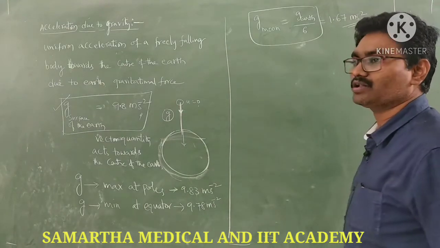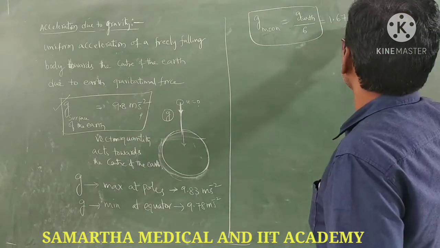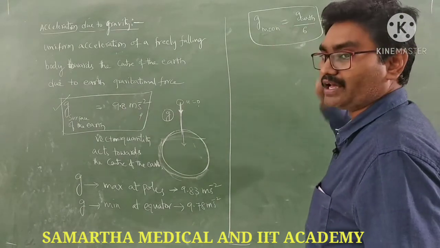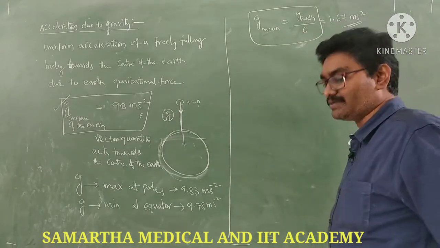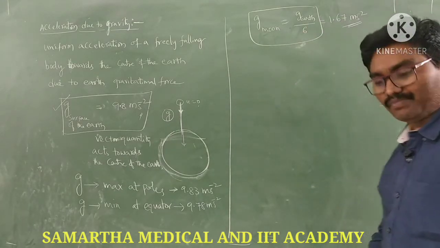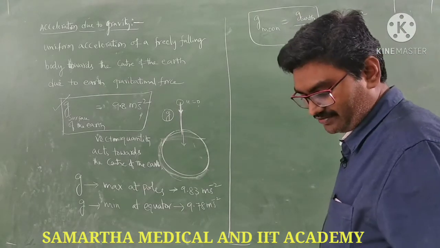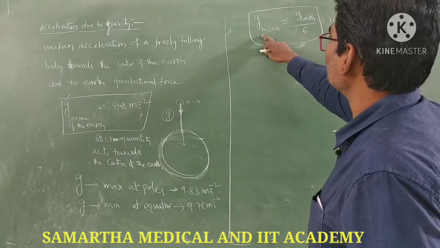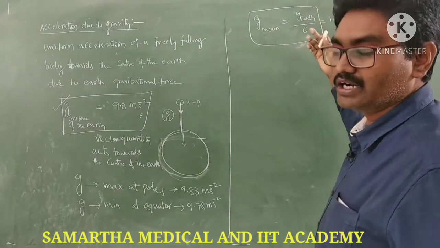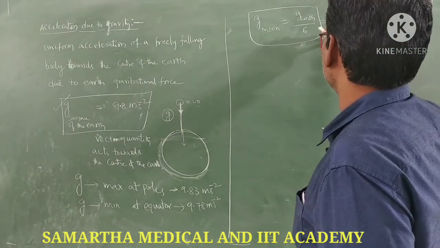So that is different for different planets. It depends on the mass of the planet and the radius of the planet, so small g will vary. All this we can discuss in detail in the gravitation chapter. Okay, right, next.